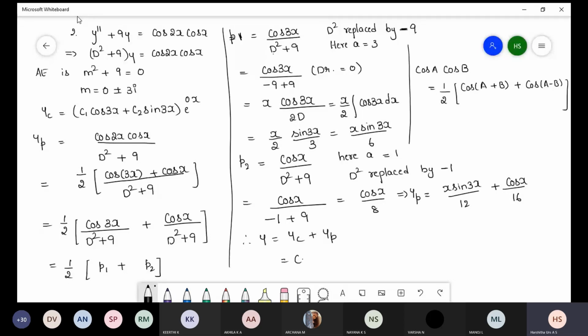Yc is C1 cos 3x plus C2 sin 3x, e power 0x is 1, plus x into sin 3x divided by 12 plus cos x divided by 16. This is the answer for the second one.